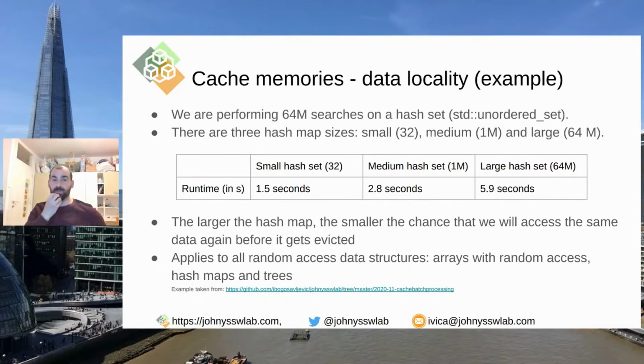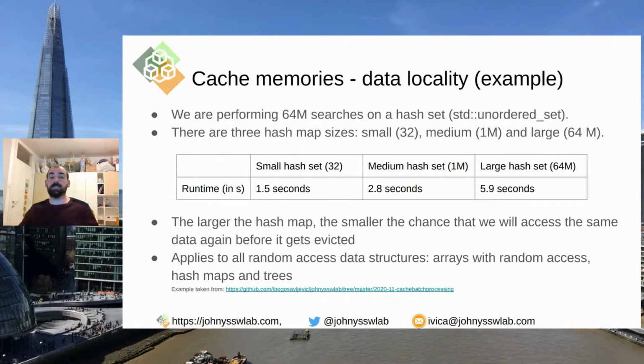Now, the question is why. In the case of the small hash set, if you're accessing an element at a certain location in the hash map, there is a really large chance that you will soon be accessing the same one again, because the hash map is small. It has only 32 entries.